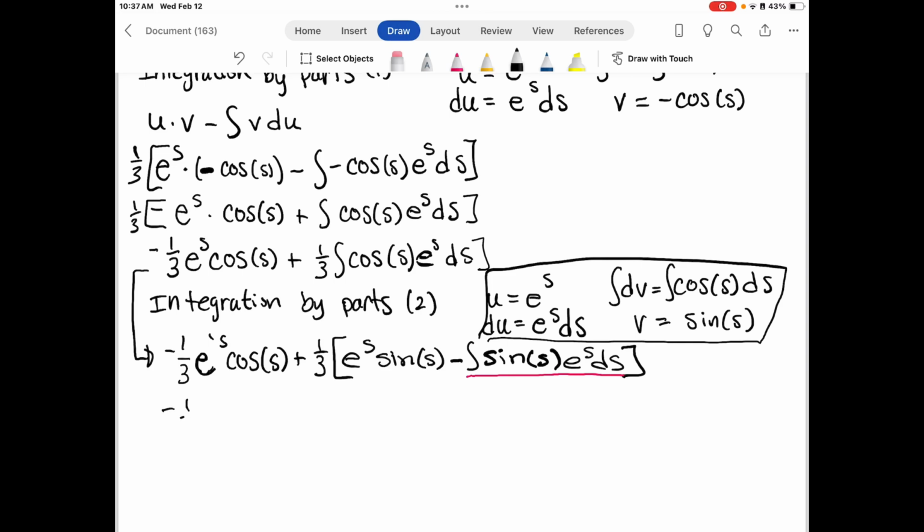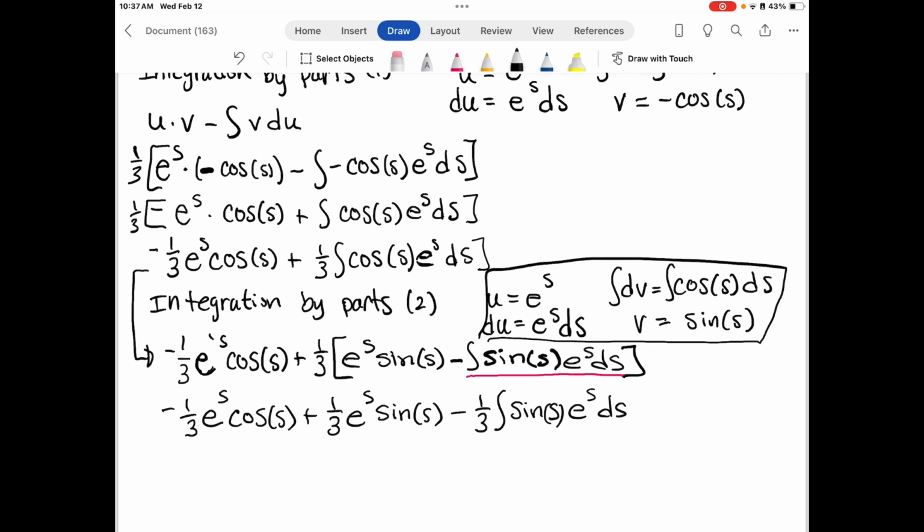So I have minus 1/3 e to the s cosine s plus 1/3 e to the s sine s minus 1/3 sine s e to the s ds.